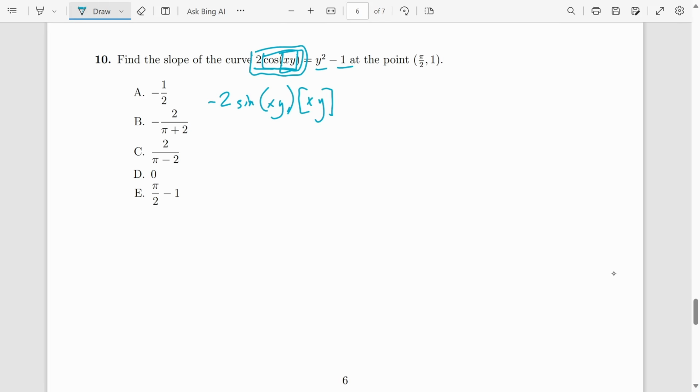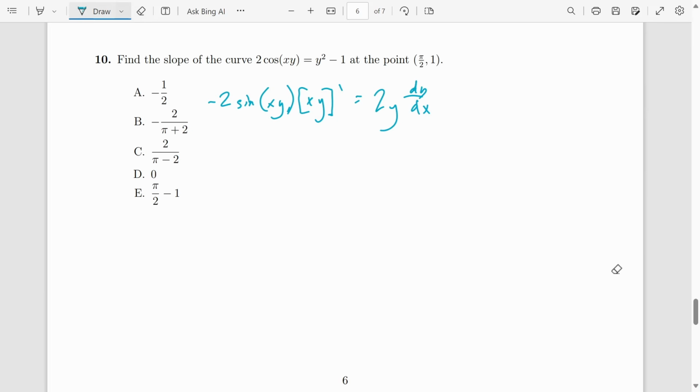So (xy)' we'll figure out later, equals, now derivative of y squared is 2y, but since that is a y term, we have to multiply it by dy over dx. We're just going to leave that there and treat it as a third variable. And then this minus 1 term, derivatives of constants are just 0, so we forget about it.